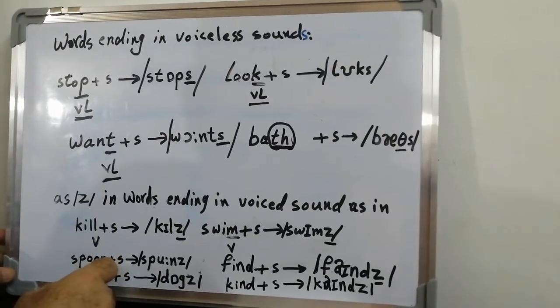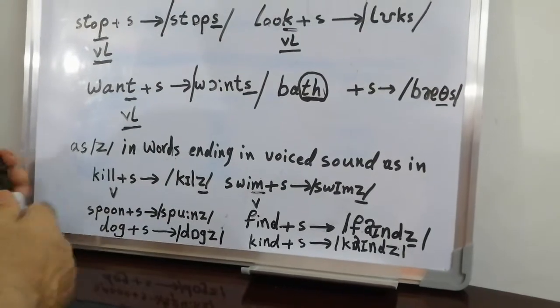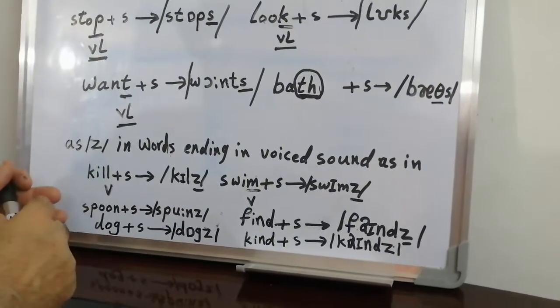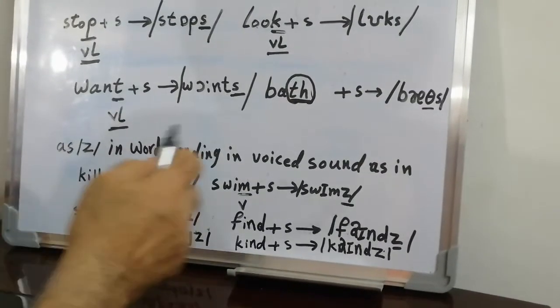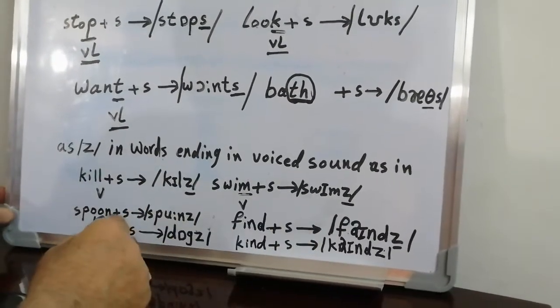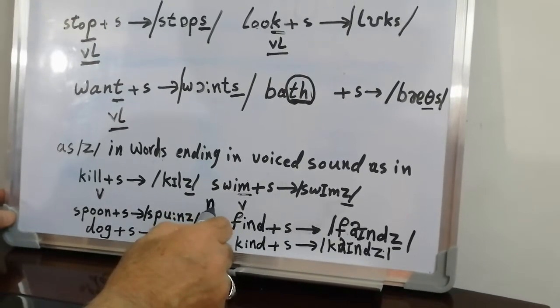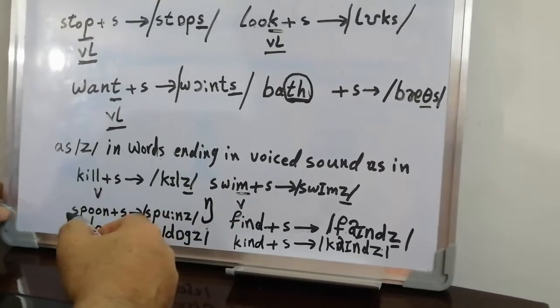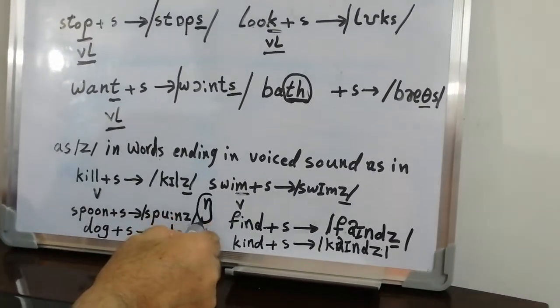"Spoons", "spoons". So /m/ and /n/, and also /ŋ/. If you remember last time, sorry, we said that voiced nasal sounds like /m/, like /n/. Also, you remember this vowel sound. This is also here because this is voiced.